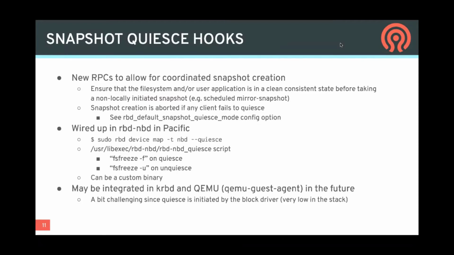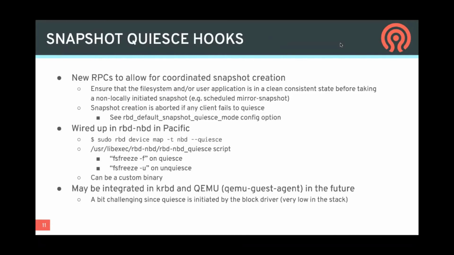Since ensuring that the file system and possibly the user application checkpointed before taking a snapshot is always a good idea, by default, if any client fails to quiesce, the snapshot is not created. This behavior can be changed to ignore the error or skip the attempt to quiesce entirely.